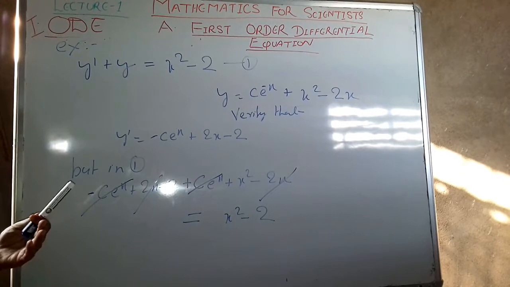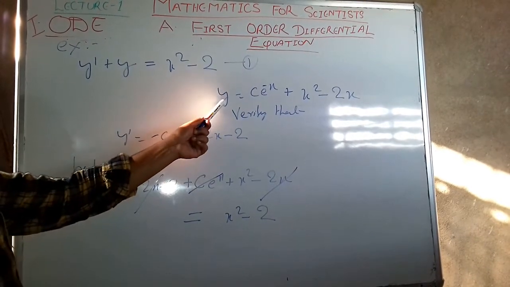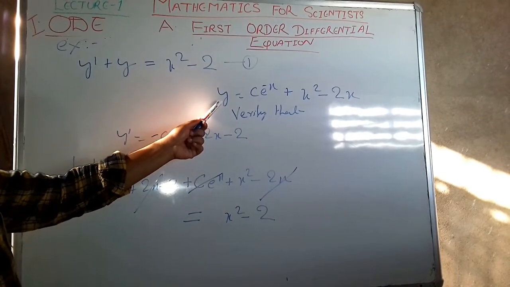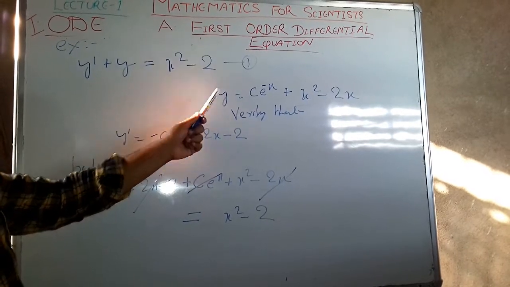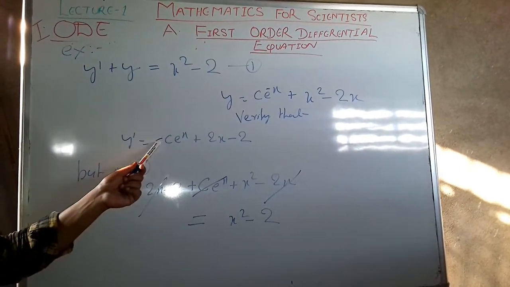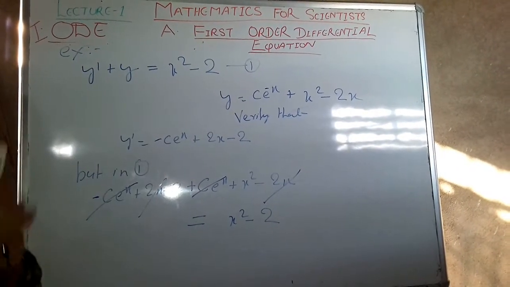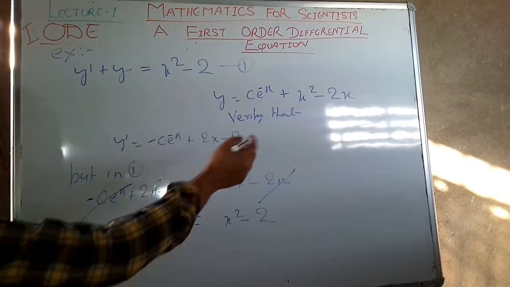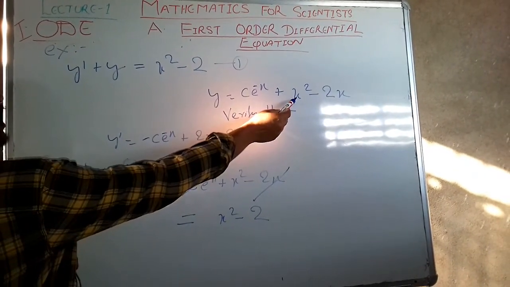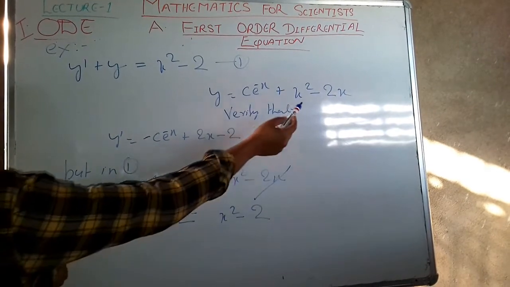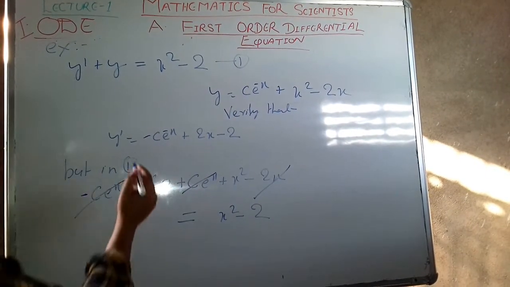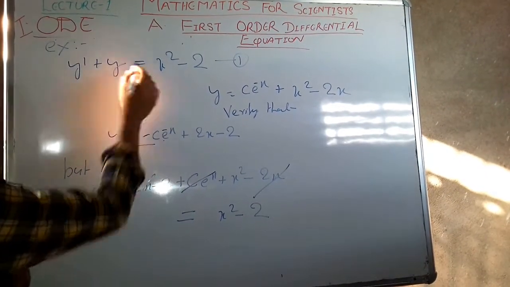How do we verify this? What we do is we differentiate y with respect to x. So y dash is equal to minus c e to the power minus x, plus the derivative of x square, which is 2x, and minus 2x will give minus 2, and we put this into the differential equation.